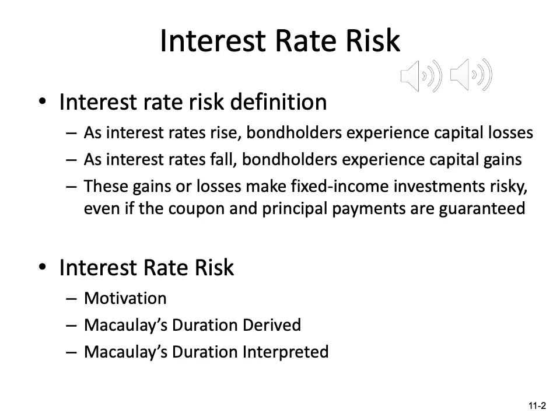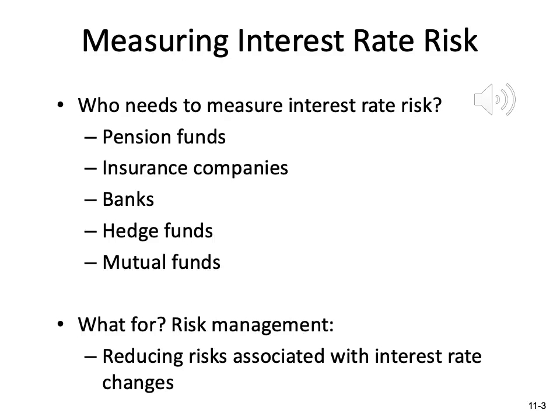To measure the interest rate risk, we are going to calculate Macaulay's duration. I'm going to show you the formula, the calculation, and then I will show you the intuition and how to interpret the duration. So who needs to measure the interest rate risk? Basically anyone who purchased fixed income securities, anyone who purchased bonds will try to measure the interest rate risk.